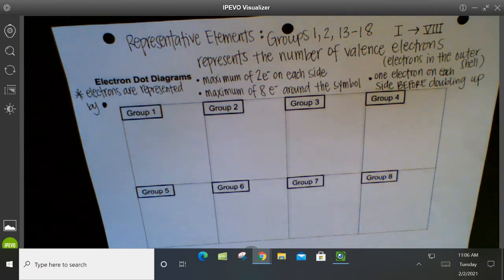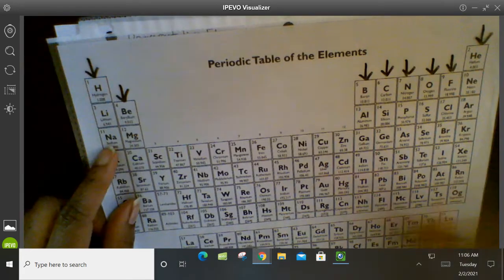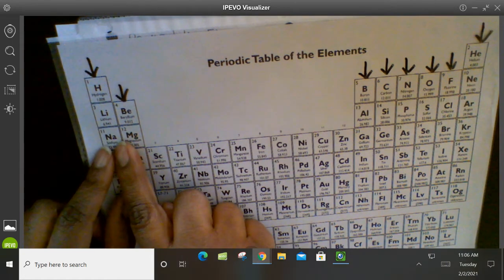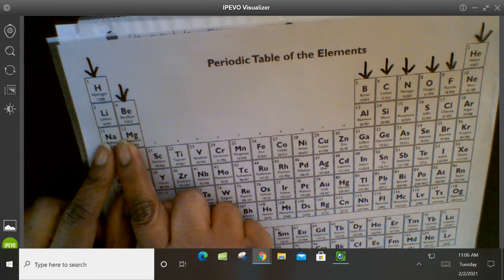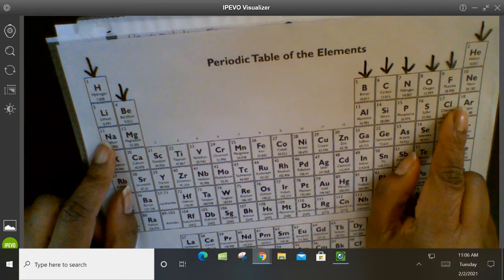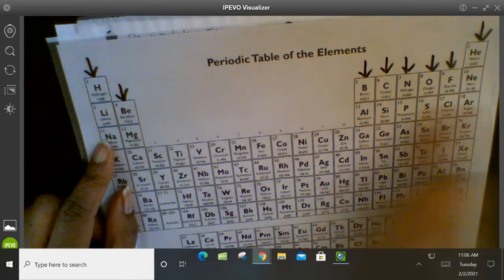What we're going to do is pick elements from these 8 groups that are our representative elements. I'm going to use period 3, which starts with sodium and goes all the way to argon. Those are going to be my 8 elements.